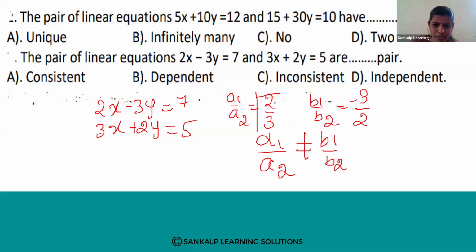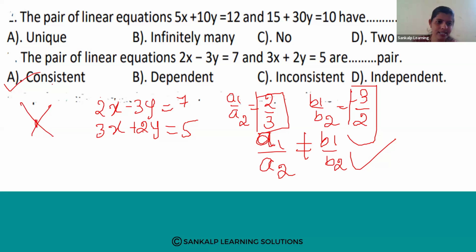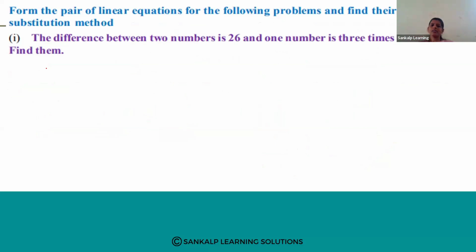These two are not the same. Therefore, we can say that a1 divided by a2 is not equal to b1 divided by b2. So when you get this result, the pair is consistent. Why? Because it has a unique solution and the lines are intersecting each other. Therefore, it is consistent. Next.